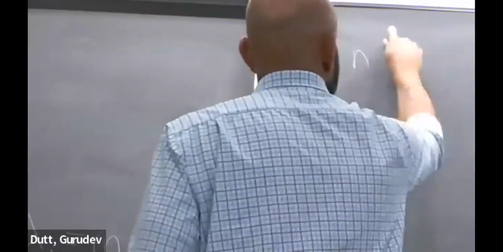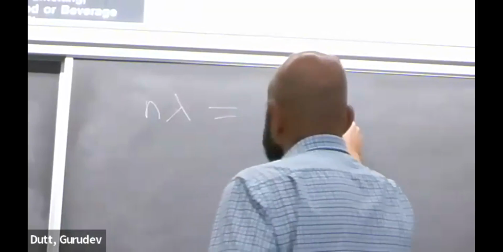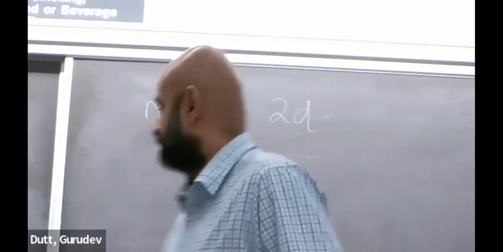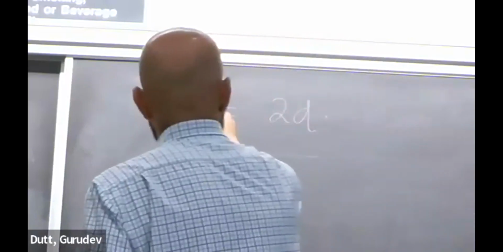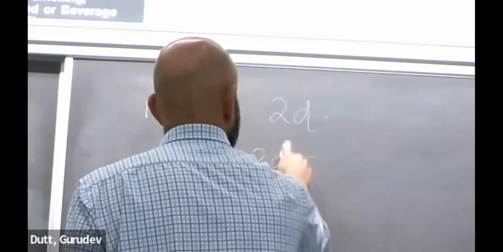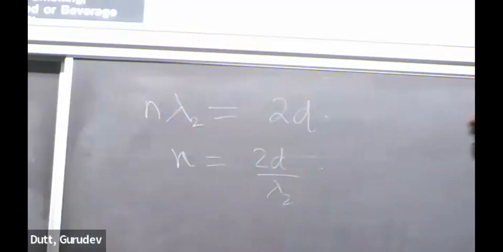So that means n lambda 2 must be equal to 2d. So n equals 2d divided by lambda 2.